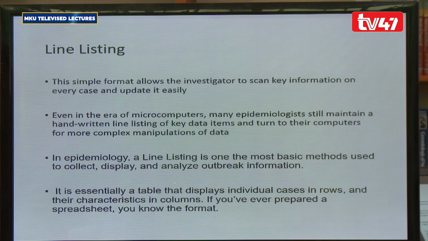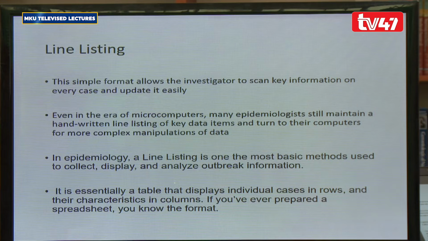So this simple format allows investigators to scan key information on every case and update it easily. Even if we are in the age of computerization, many epidemiologists still prefer to use hard copies, because it is very easy to carry with you. You keep checking, and maybe you may find something that you missed initially.